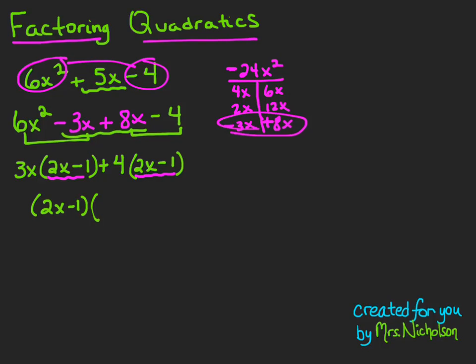And when I do that, I'm left with 3x plus 4. And so 2x minus 1 times 3x plus 4, that is the factored version of the quadratic 6x squared plus 5x minus 4. Let's look at one more example.